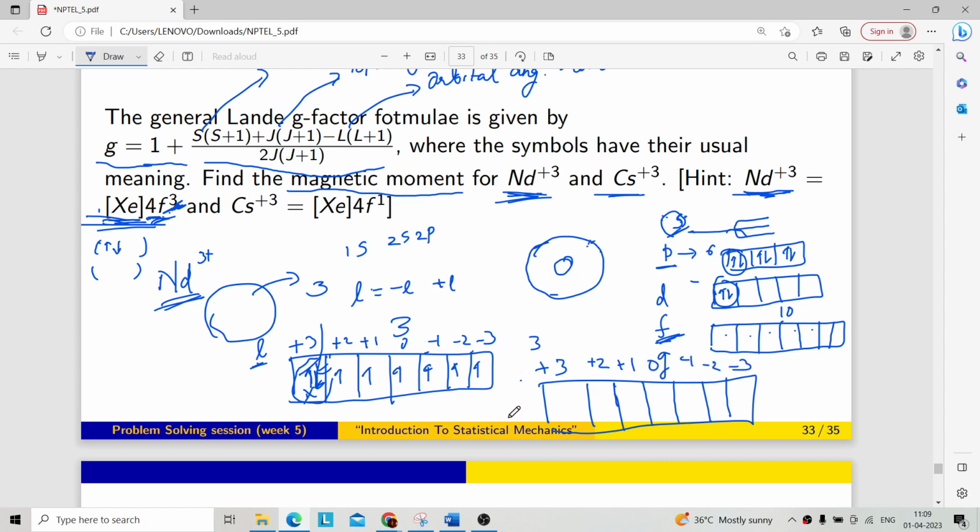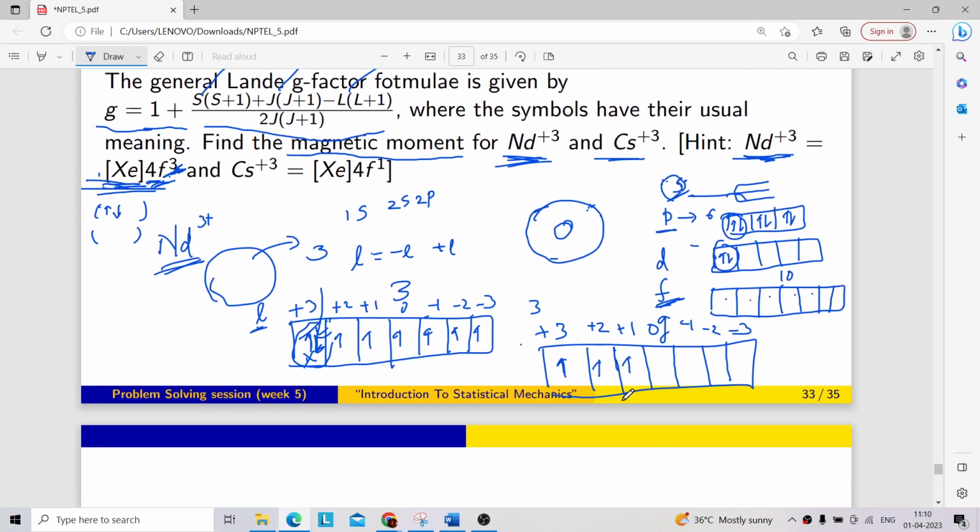So I have 3 unpaired electrons, so I can arrange them like this: 1, 2, and 3. This is for Nd3+. This is the last orbital. Before this, all the orbitals will have electrons paired in each of the cells, right? So this is the last orbital where the electrons are arranged like this.